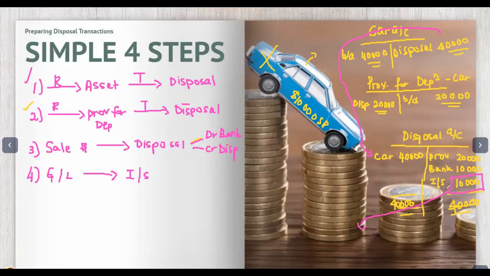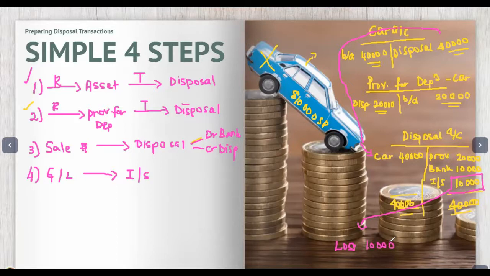Now, how do we know? If you record in your disposal, your income statement is on your credit side, that means it would be debit in your income statement. It will be debited in your income statement. Thus, what does the debit in an income statement tell us? It tells us that it is an expense. So, since it is an expense, we know it is a loss of 10,000.